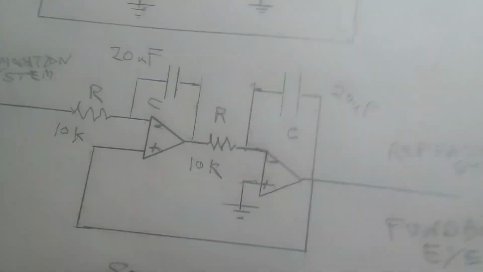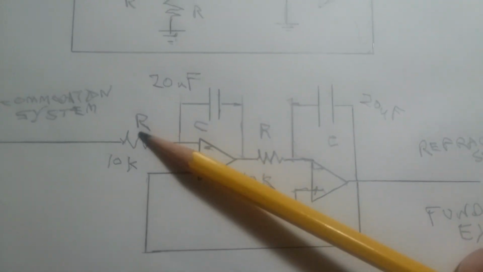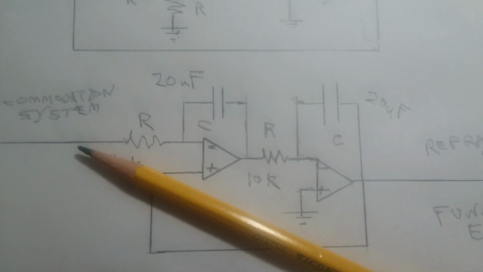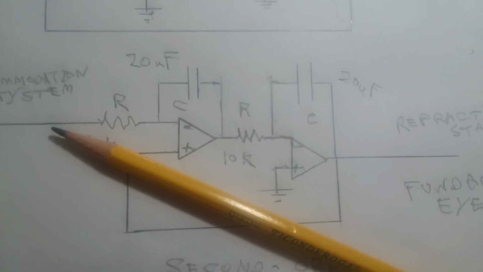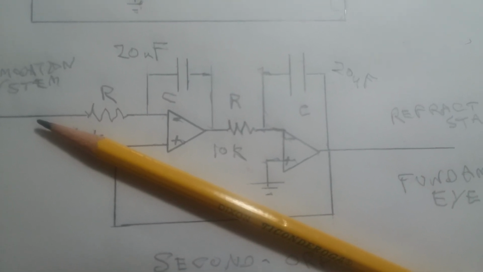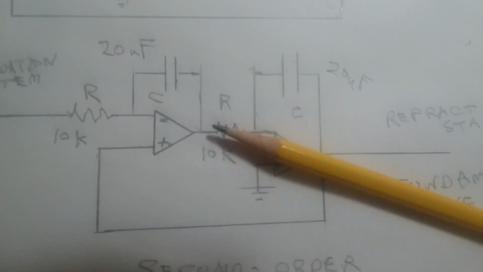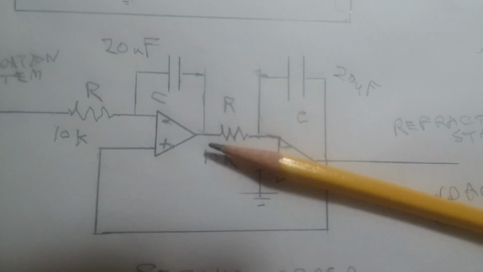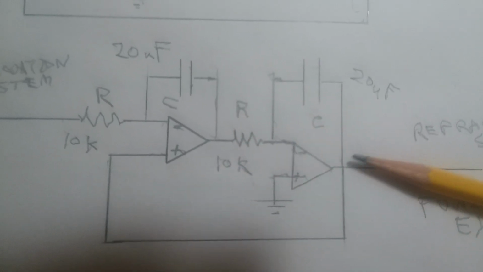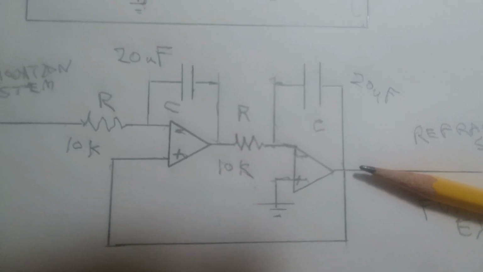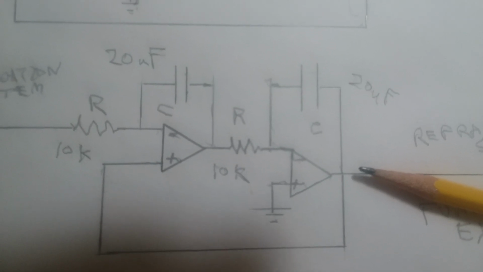It consists of an input, which is the voltage step input, an error signal, which is the difference between the input and the output, and then the output, which in this case is an integrator.